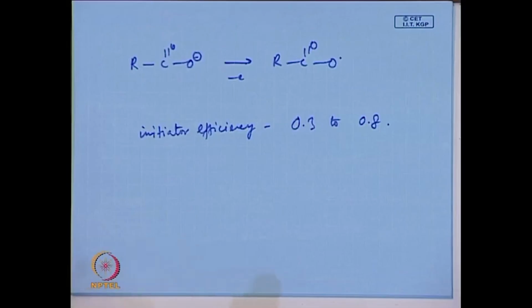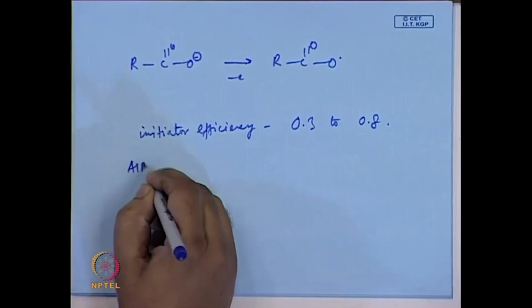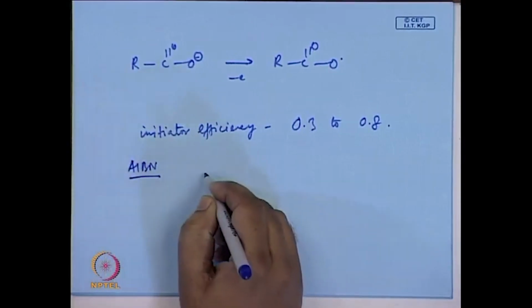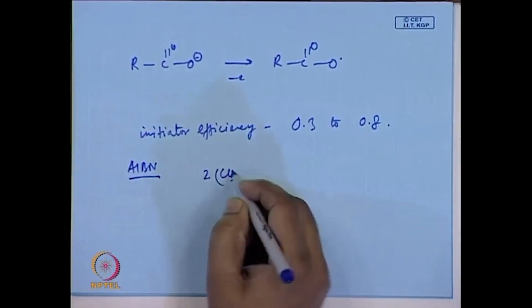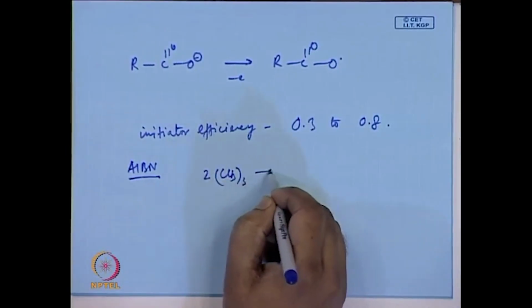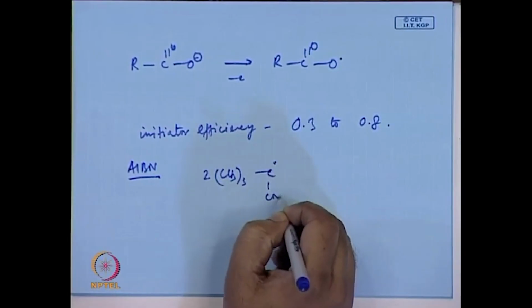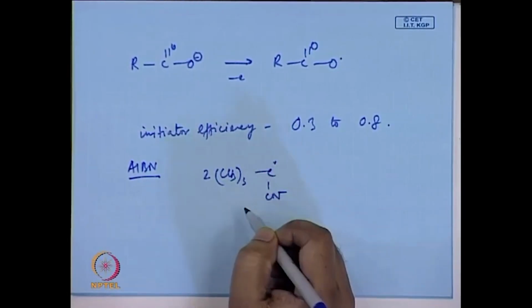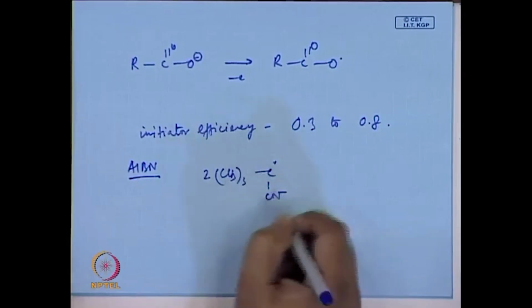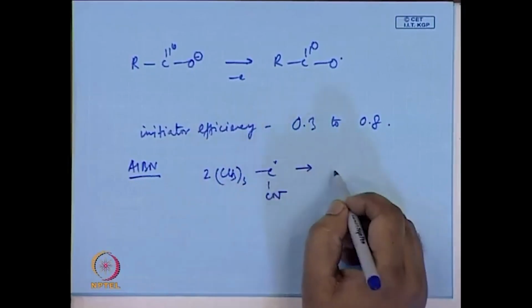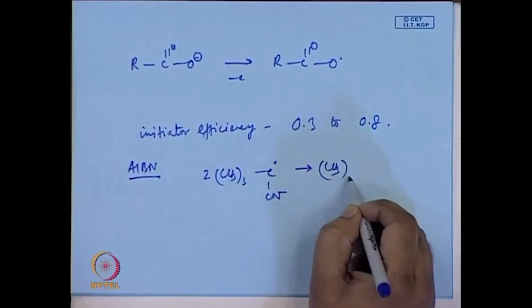What happens to the rest of the radicals which do not initiate chain polymers? They get destroyed to form dead molecules. For example, if you take AIBN, we have seen that AIBN dissociates into this species, and now they can again recombine by reacting with themselves and form this molecule.